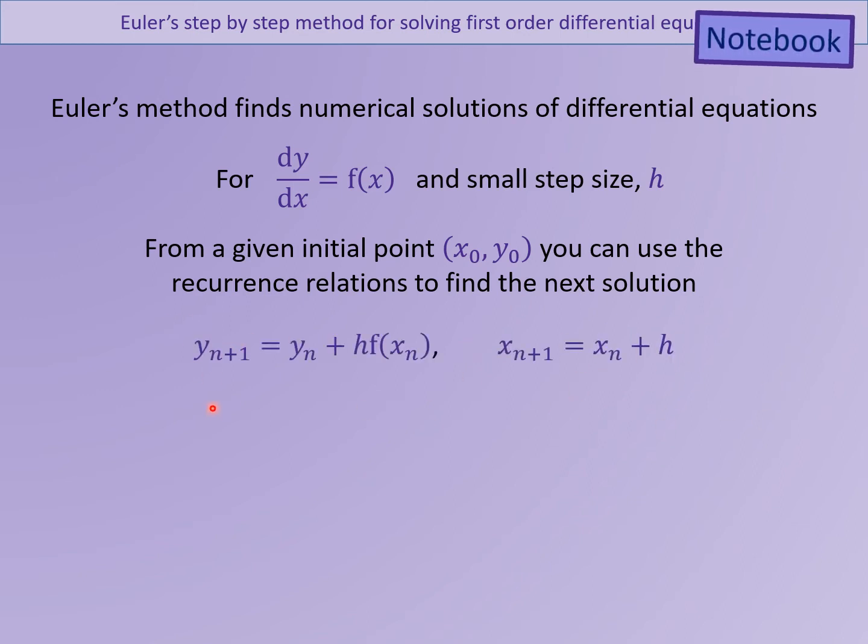The y value is going to equal the previous y value plus the step size times by the gradient of x n, so the function f of x n. Now notice that that function there is the gradient function. Some people get a bit confused thinking that this is the original function. It's not.